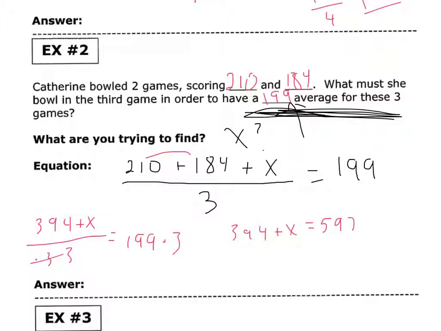And then we just have a one-step equation. Subtract 394 on both sides. And that would give you x equals 203. Okay, so on Catherine's third game, to get an average of 199, she would have to bowl a 203 in her third game.